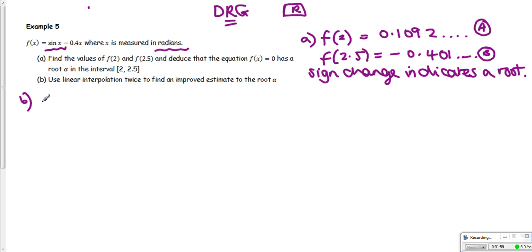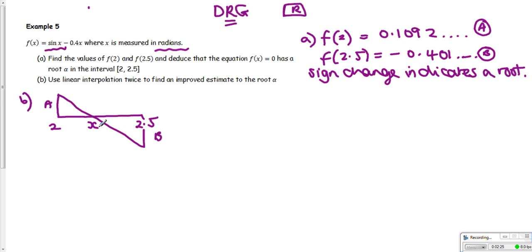So linear interpolation twice. So we draw a little picture of our interval 2 and 2.5, and when we sub in 2 we get an answer that is positive, and we call that A, and when we subbed in 2.5 we got an answer that was negative. Make sure you take that minus sign off and draw in the line.